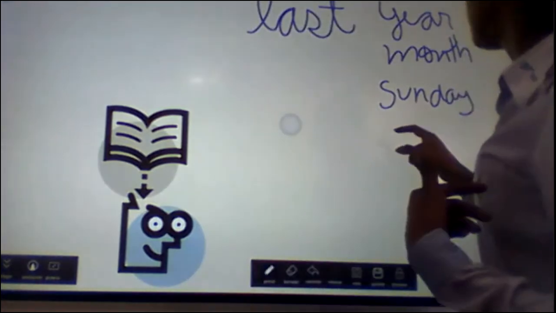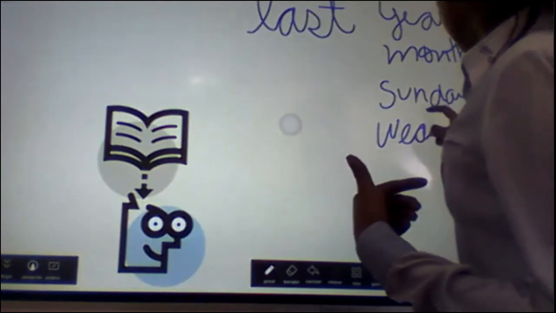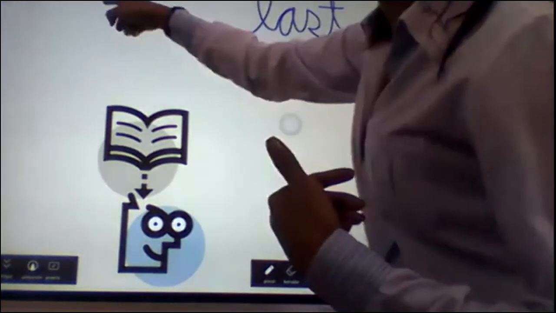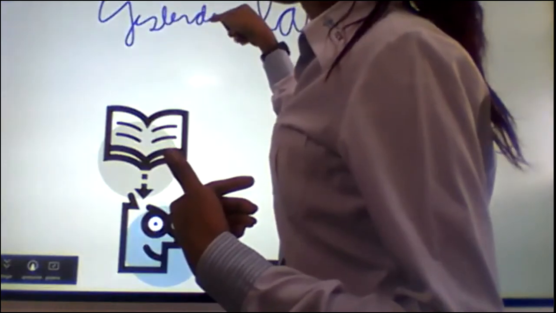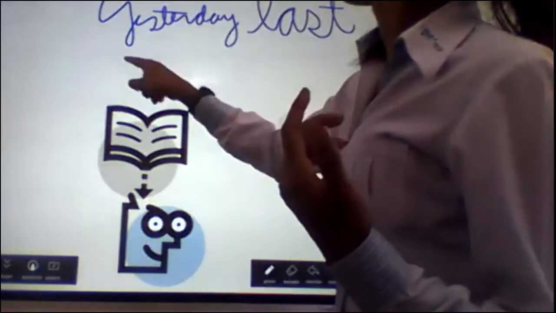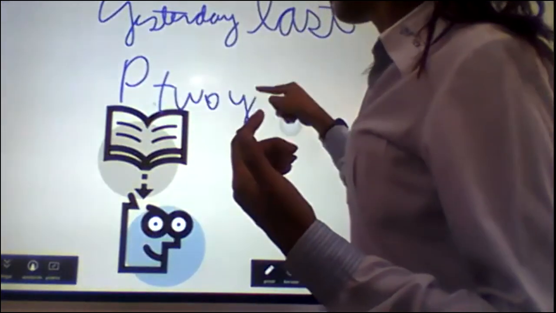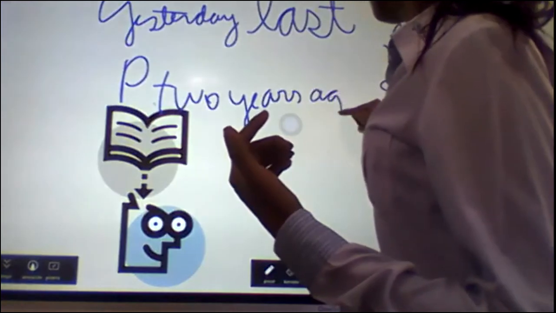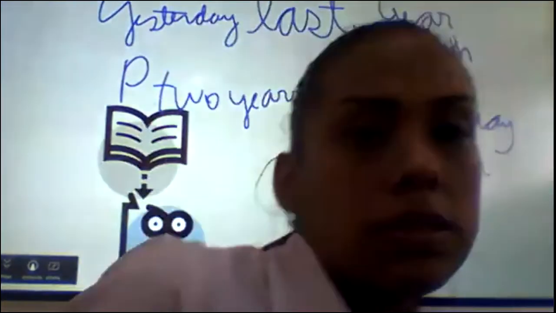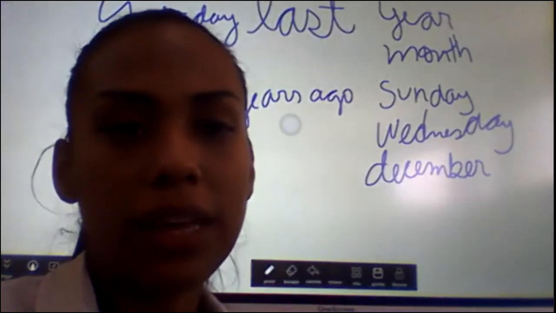We can say last Wednesday, last December. We can say yesterday. We can say two years ago. Those are expressions we can use in order to express past tense. 2 years ago, last year, last week, last summer, last Saturday, last Friday, yesterday.